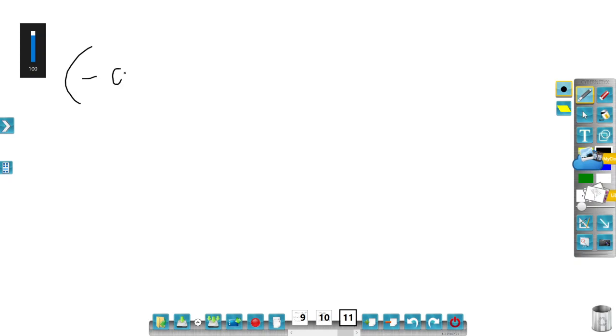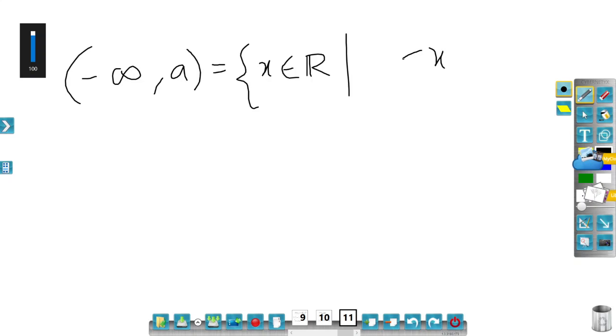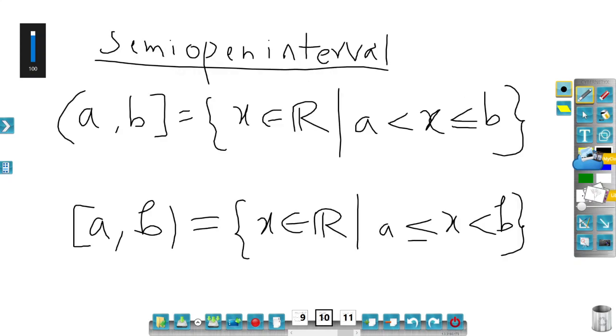Open interval minus infinity to a is nothing but those x belonging to R such that x is greater than minus infinity and less than a. Now when I say semi-open, this is also called semi-closed.